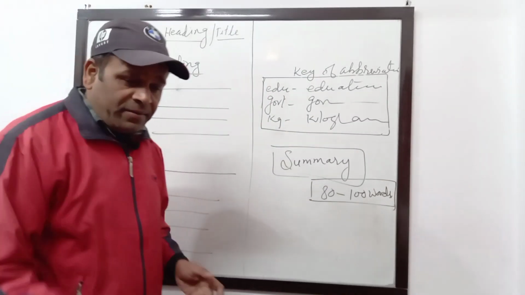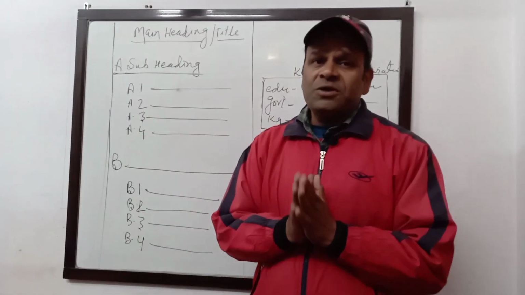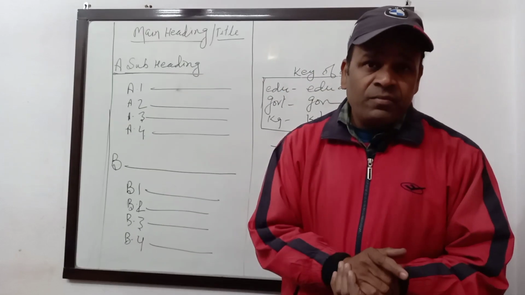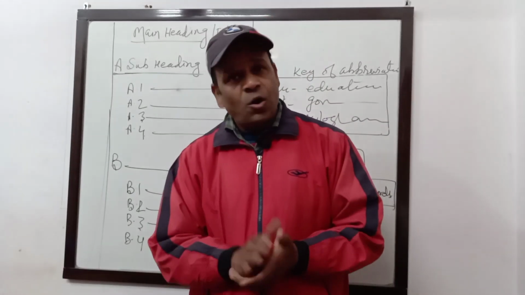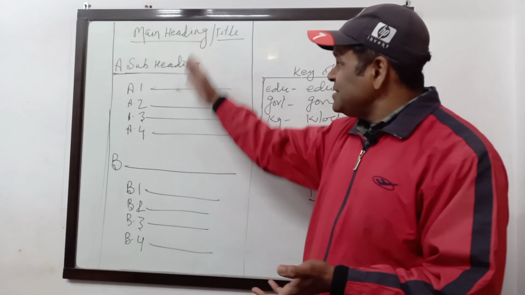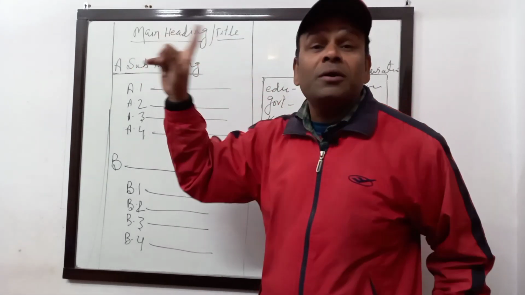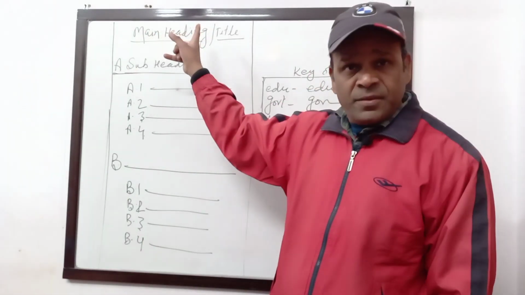Let me recall again from the beginning. When we do the note making question, first of all, we have to read the passage, comprehend it, and read it fast, or read it fast with comprehension. Once you have read the passage, you can give the main heading or the main title. It will be written here, at the top. Okay.